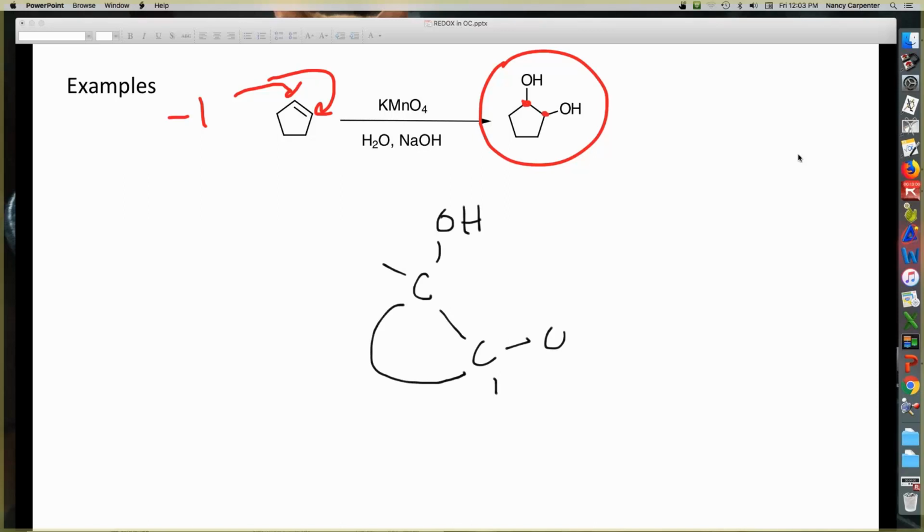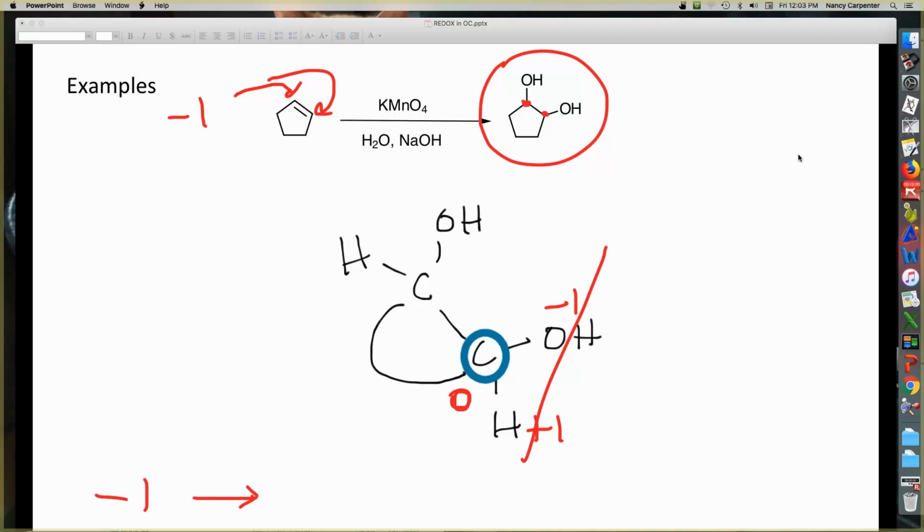So each of these carbons really looks like this. Again, it's a symmetrical molecule, so the oxidation state will be the same for each of these carbons. So I've got a +1 and a -1. Those two are going to cancel each other out, so the oxidation state for each of these carbons is 0. I've gone from -1 to 0. Therefore, this is clearly an oxidation.